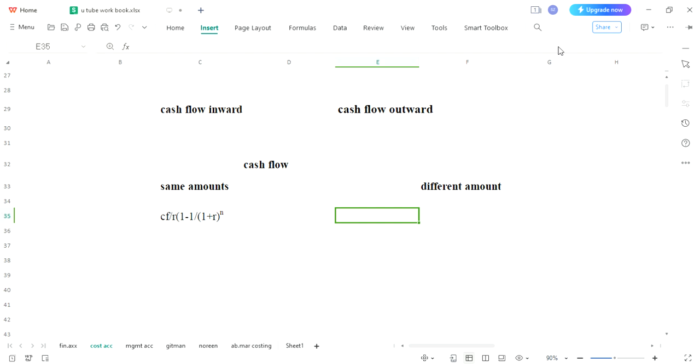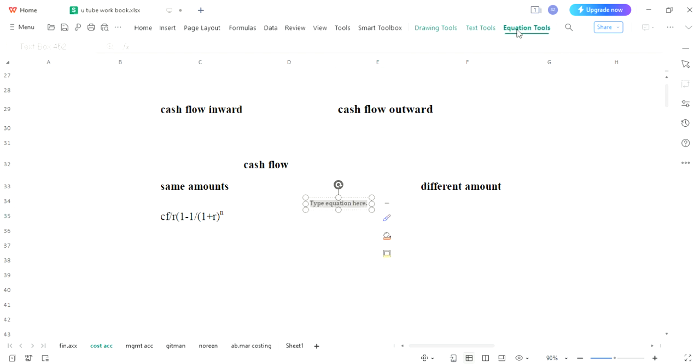So from here we will choose the equation tool, and that would be this fraction. Above it, let's choose a size. We need a larger one. Instead of 11, let's make it 18. Okay, now it is visible to you.